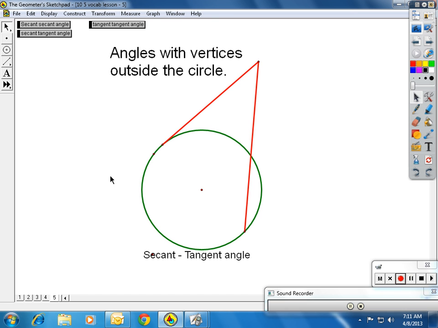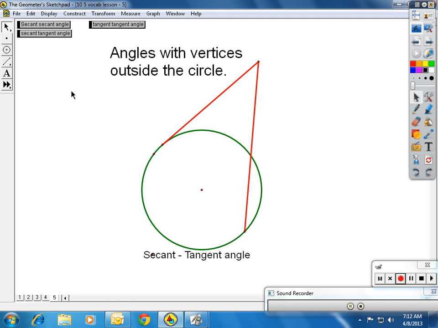Again, in section 10.5, we're going to be looking at how arc measures relate to angle measures. So you can expect that to be some of the skills that we learn.